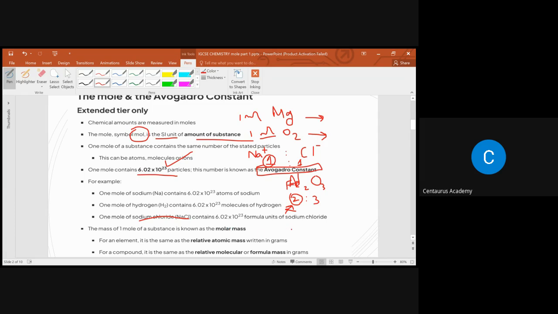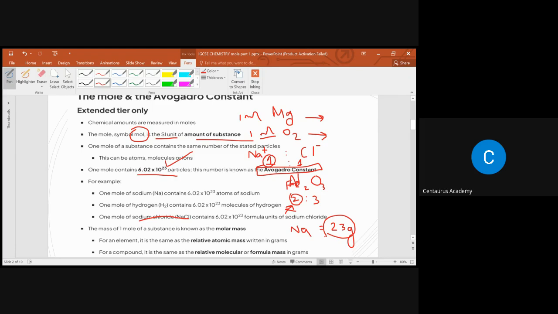For instance, sodium atoms, an element which has not yet combined with any other element. Its relative atomic mass is 23, and we add grams to this. This will be the molar mass of 1 mole of sodium atoms, equivalent to the relative atomic mass.